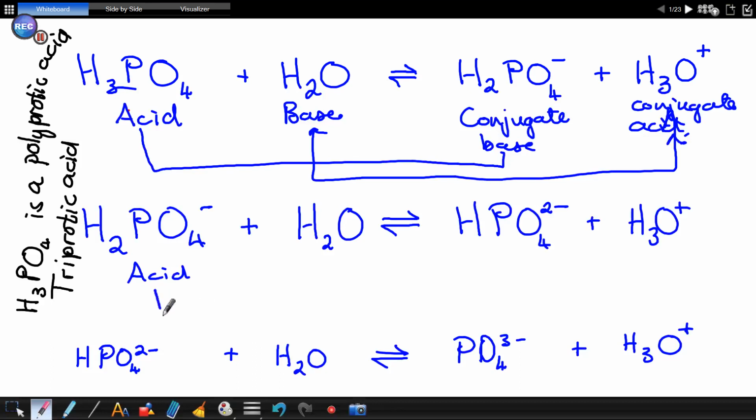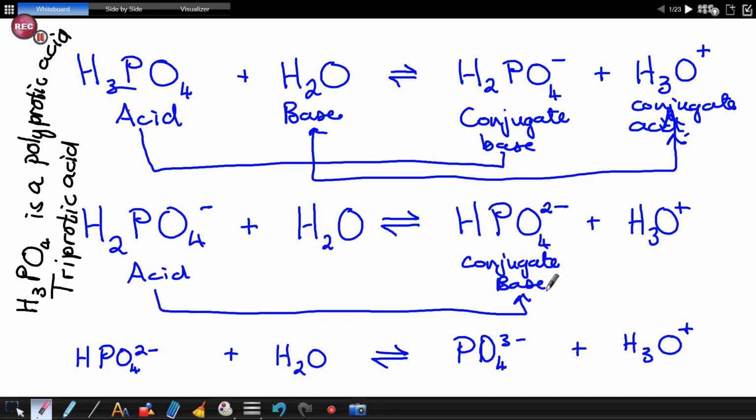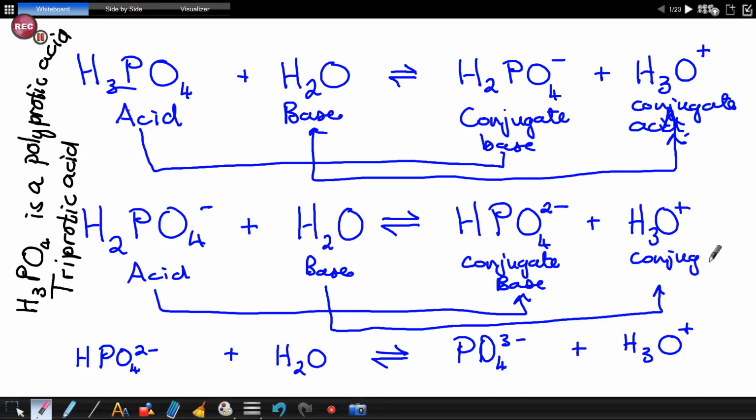In the forward reaction, it makes the HPO4 2 negative. So this is the conjugate base. This is the base. In the forward reaction, it makes H3O plus. So this is the conjugate acid in the reverse reaction.